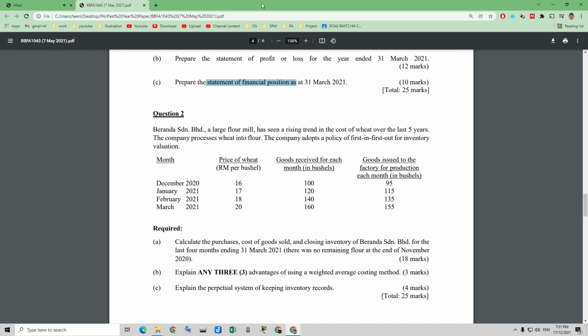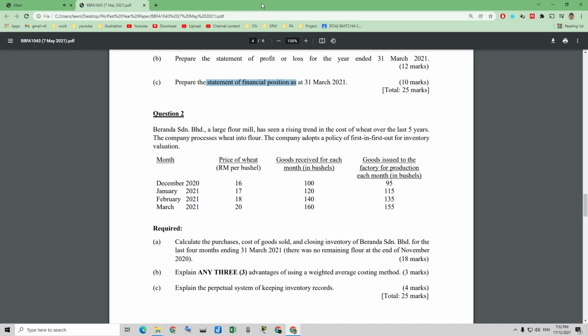So remember, depreciation, you debit depreciation because it's an expenses, and then you credit accumulated depreciation. Okay, so that is like repeating. So because of this repeating, meaning that will make it easier for you to memorize.